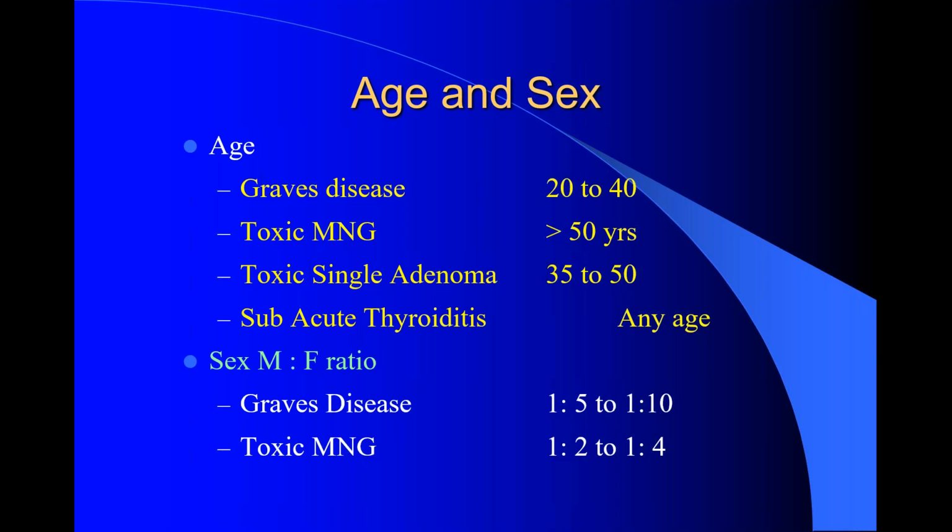Toxic single adenoma is usually seen between 35 to 50 years. Subacute thyroiditis is because of viral illness, and it can be seen at any age. The sex ratio is very important in thyroid disease, to the level that these diseases are more common in females than males, by ratios of 1:5, 1:10, 4 times, 5 times. So these conditions are more common in females.